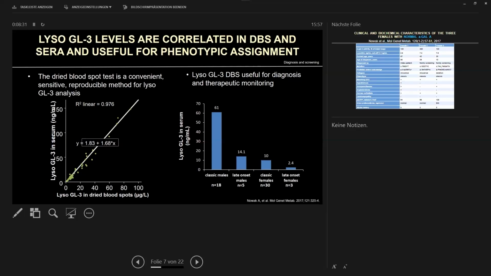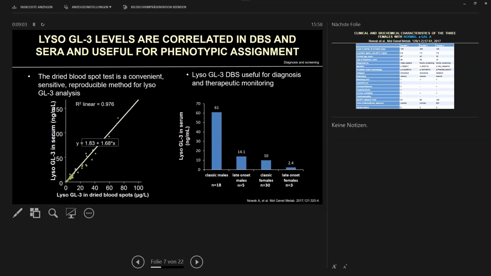You take a little bit of blood, 1 drop is enough, you drop it on a card, and then you let the card dry in the room for 2 hours, and then you can put it into an envelope and then send it off via postal way completely normally, and then this Lyso-GB3 level will be stable on this dry card.